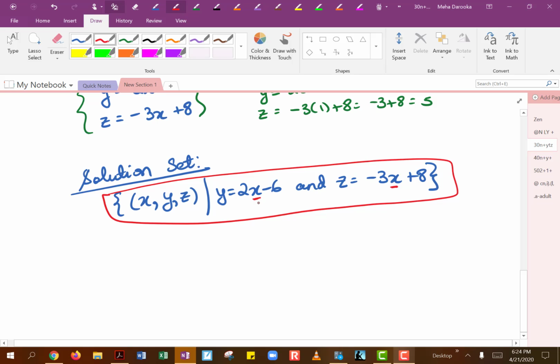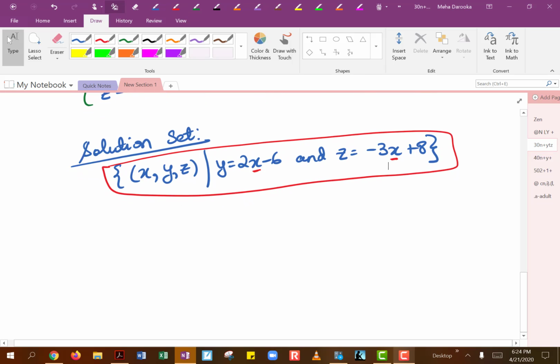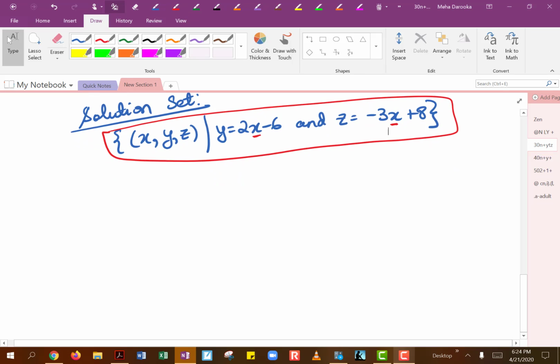Now, you can also rewrite these in terms of y and z also. So let's say instead of writing these as y equals 2x minus 6 and z equals negative 3x plus 8, what if we wanted to write this in terms of y, let's say? So we will need to rewrite these equations. You would start by taking y equals 2x minus 6 and getting x by itself.